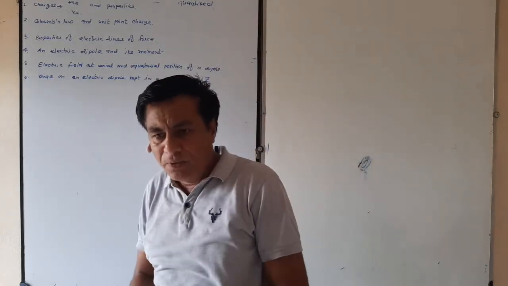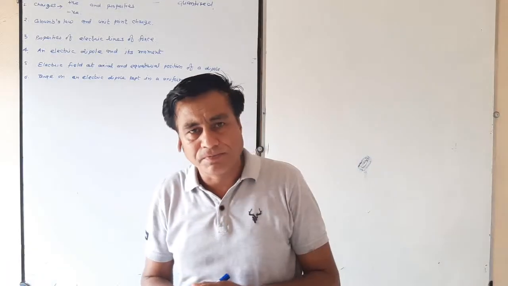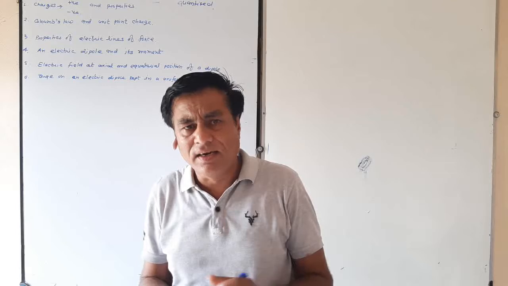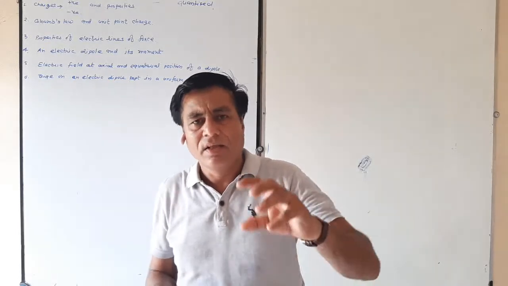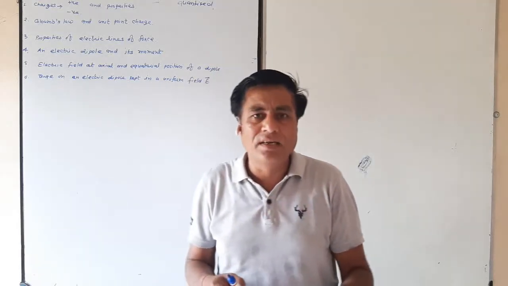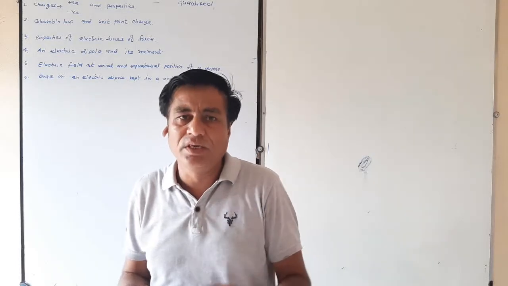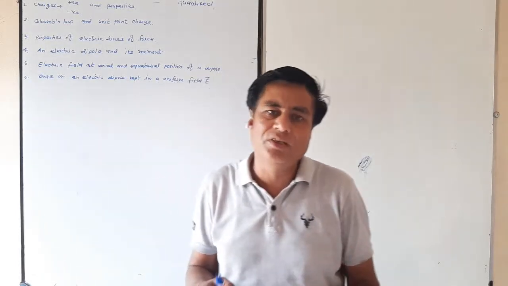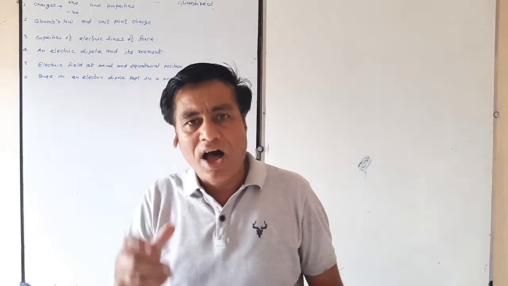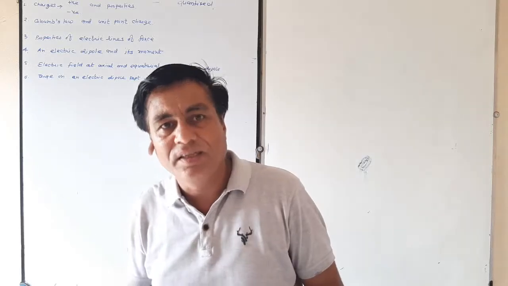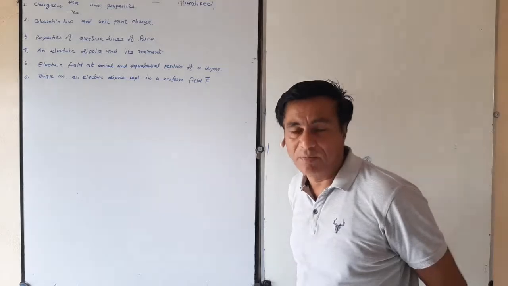Means if you see the charge amount, that charge amount is not in a continuous form. If the total amount of charge is seen on a charged particle or charged object, it is 1e, 2e, 3e, plus minus 1e, plus minus 2e, plus minus 3e, plus minus 4e, but we can never get half e, 3 by 2 e, 3 by 4 e, like that. Means quantization of charges.